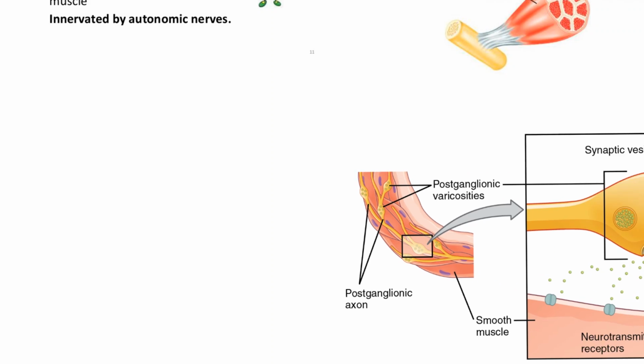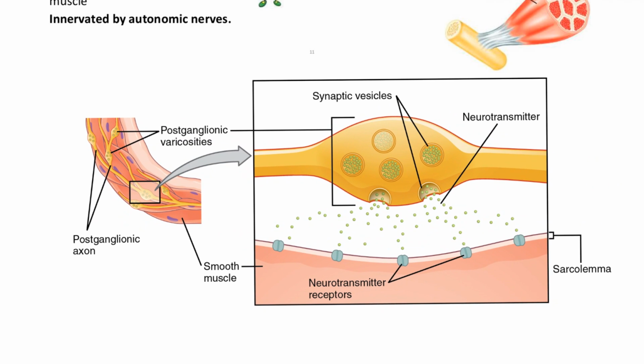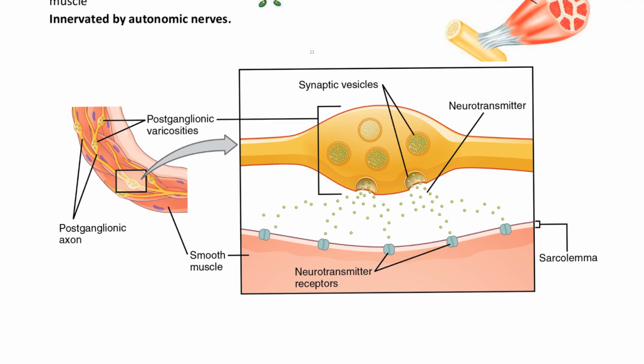Then, smooth muscle has a special case where it still needs neurotransmitters, and that's here. Look at neurotransmitters binding to receptors. Sarcolemma means the muscle membrane, the cell membrane. And anyway, neurotransmitters are released from these varicosities.